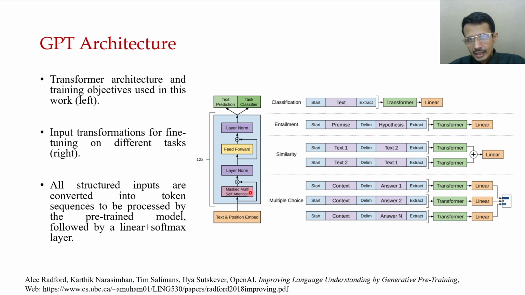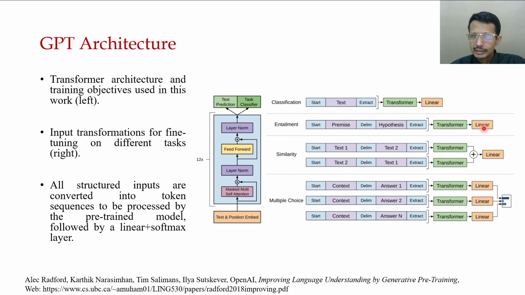Now here you can see the main architecture, which has been pre-trained on large text corpora, and then it is fine-tuned on different tasks like classification. You can say this is the start token, then the text, then we extract, that means the information we are trying to extract, put it through this transformer and give it a linear layer. Then entailment, where we try to find out some relation from the premise and the hypothesis, how they are logically linked.